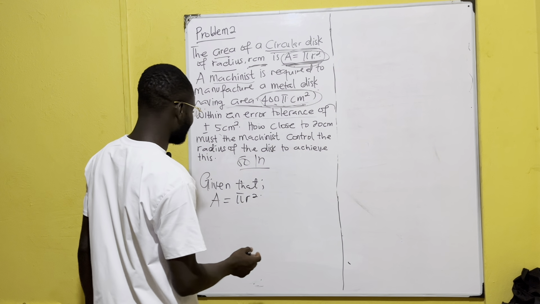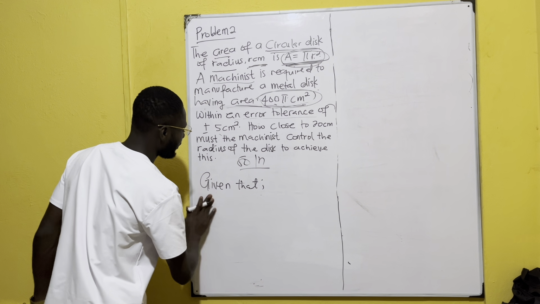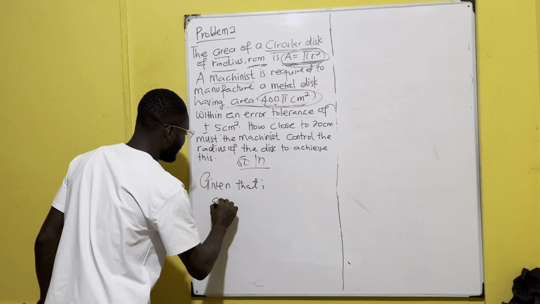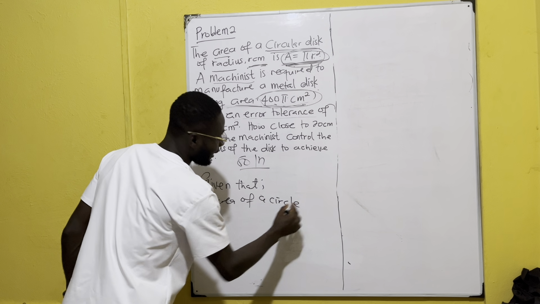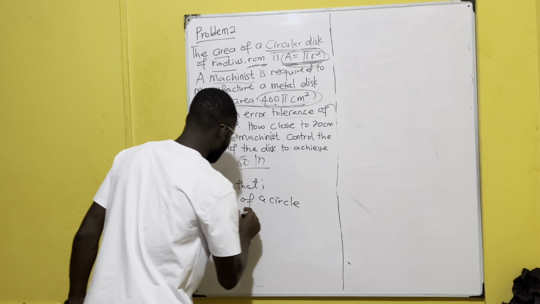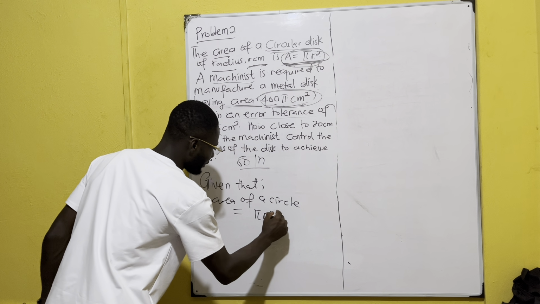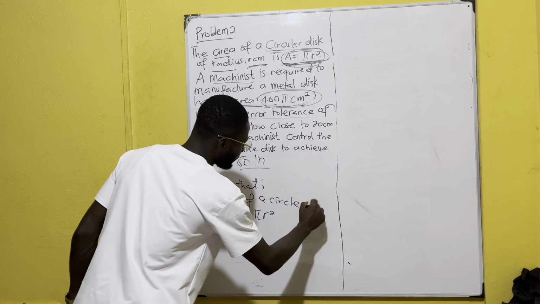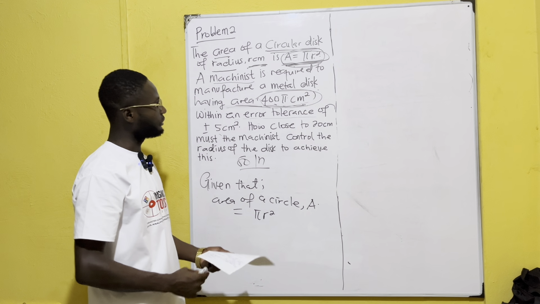So that is basically the area of a circle is equal to pi r squared. Okay, so this should be your presentation.